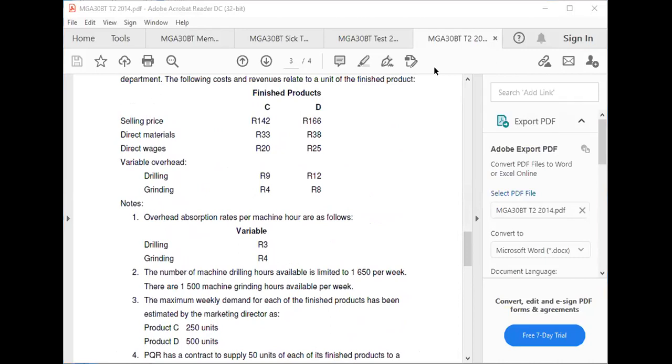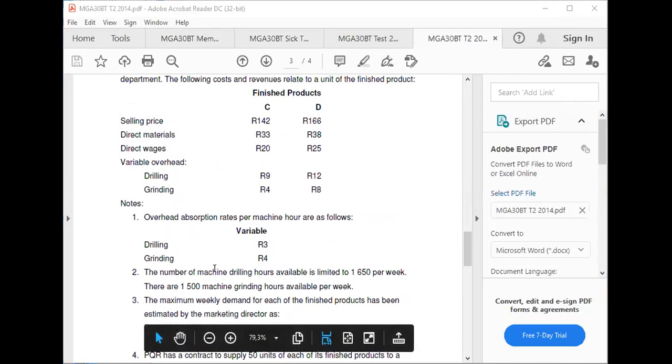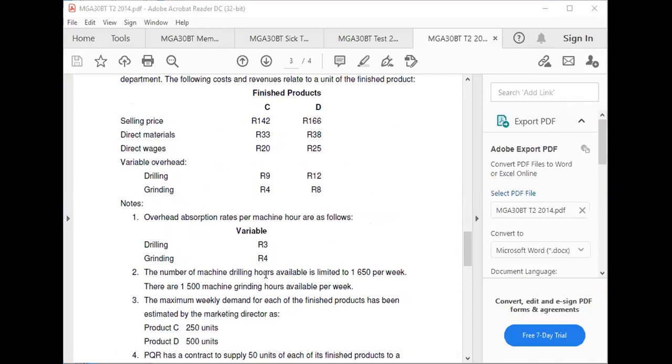I was saying, guys, does anyone understand what is a constraint or limiting factor? It depends, right? It can be a constraint in material, it can be a constraint in anything actually: units, material, labor, all that.